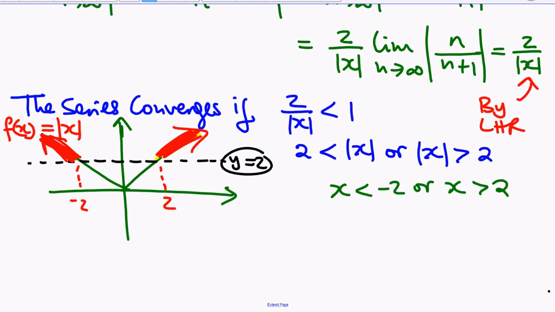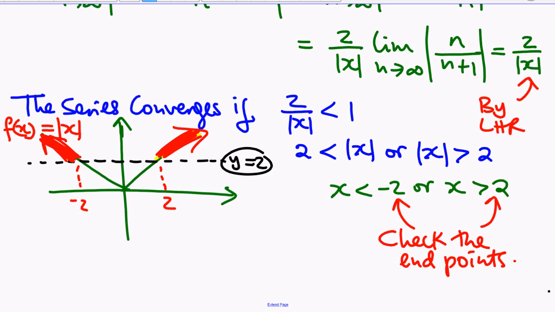So check the endpoints. Now, what I mean by that is sometimes the endpoints may converge or may not converge.